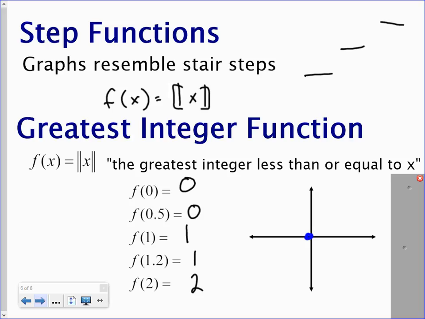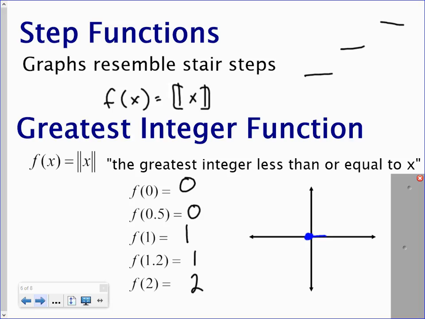Then f of 0.5, all those decimals in between 0 and 1, 0.2, 0.3, 0.5, 0.7, 0.9, are all going to round down to 0.